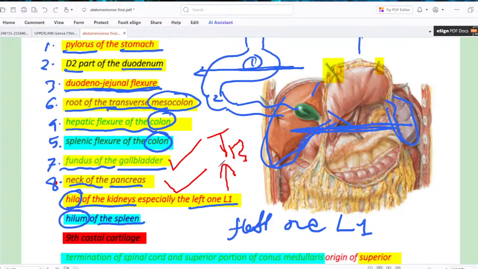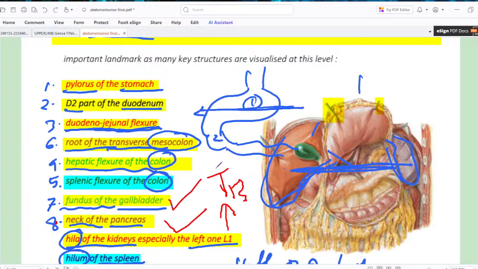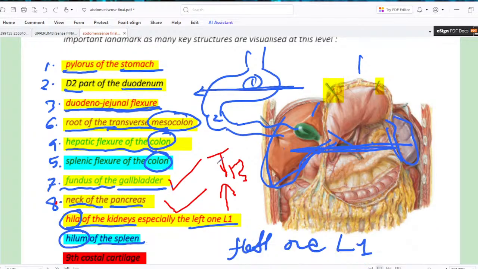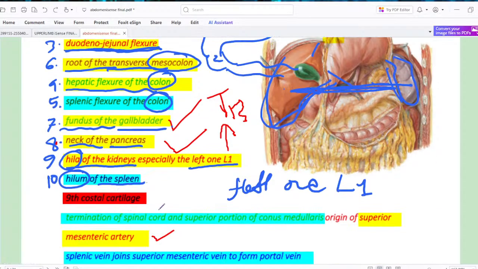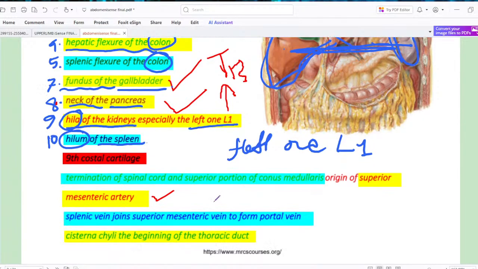Pylorus of the stomach, second part of the duodenum, duodenal flexure, then hepatic flexure of the colon, splenic flexure of the colon, root of the transverse mesocolon, fundus of the gallbladder, neck of the pancreas, hilum of the kidney, especially the left one, hilum of the spleen, ninth costal cartilage, then termination of spinal cord and superior portion of the conus medullaris, origin of superior mesenteric artery.